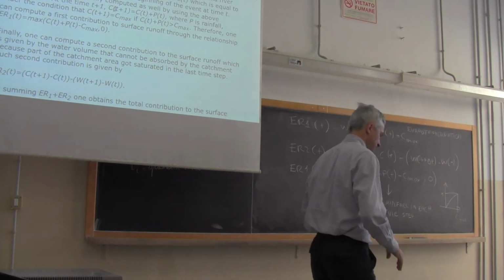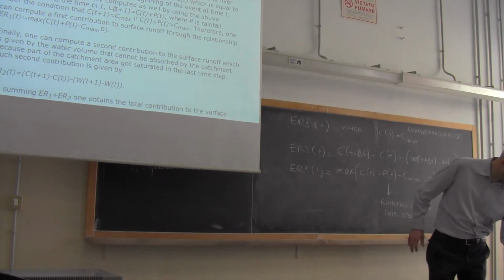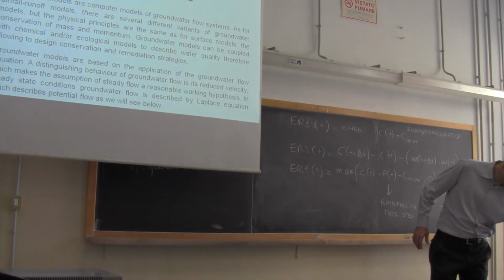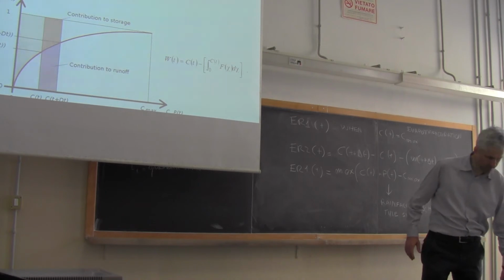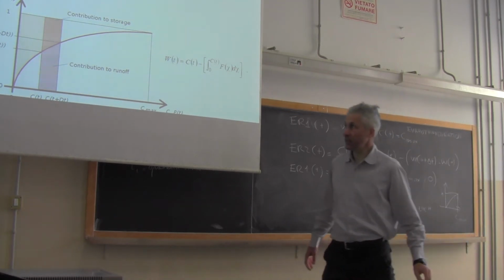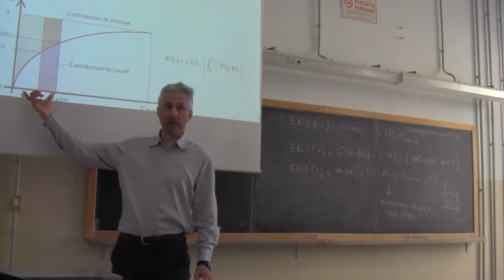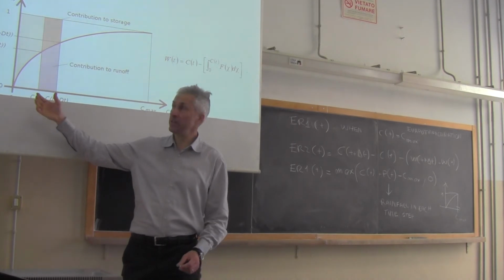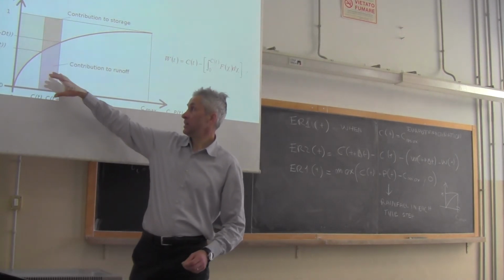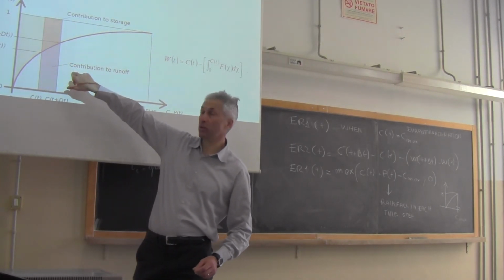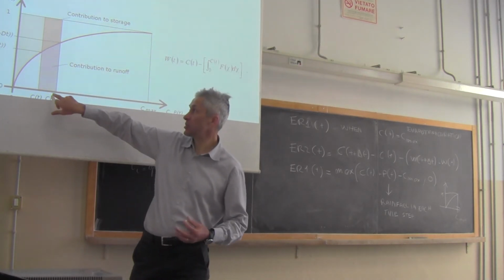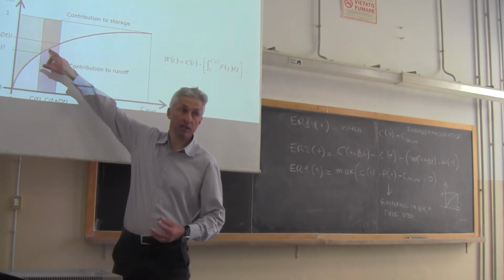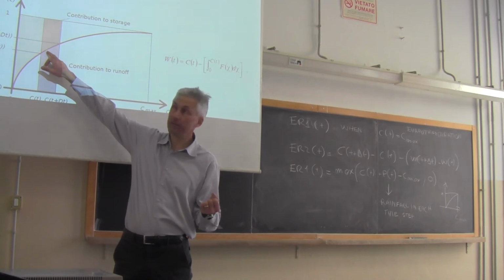So let me just go back here. Okay, so we computed the integral, which is the area below the curve. The area below the curve gives you the contribution to runoff, because again, it's the multiplication of rainfall times proportion of saturated area.